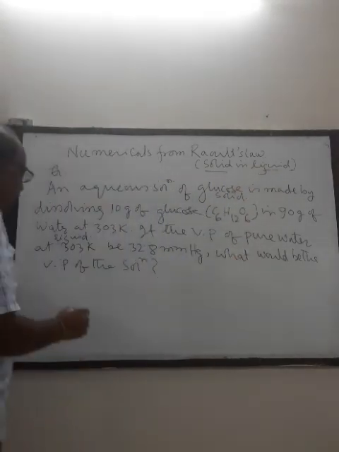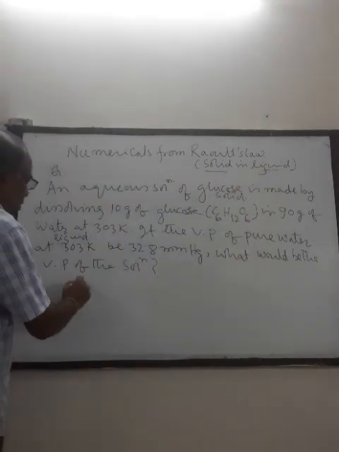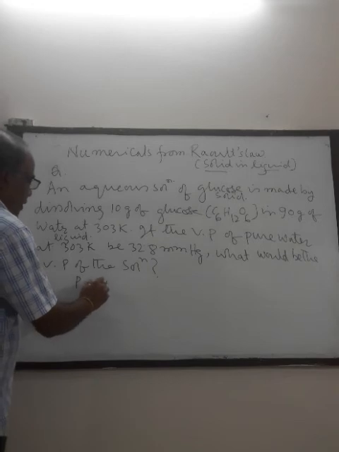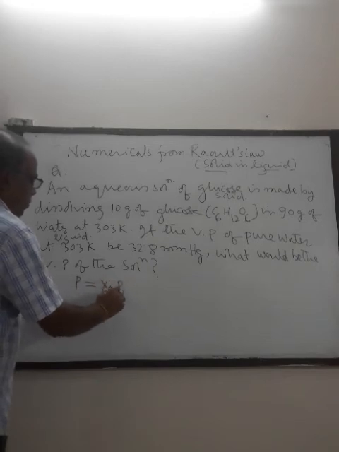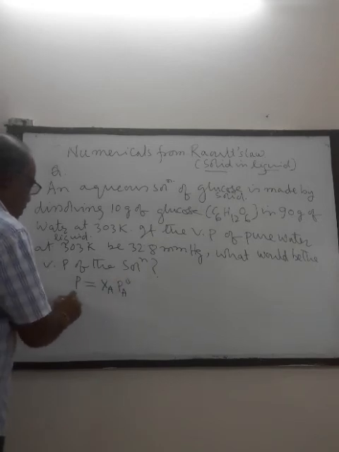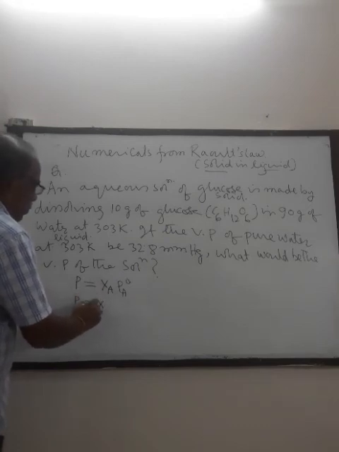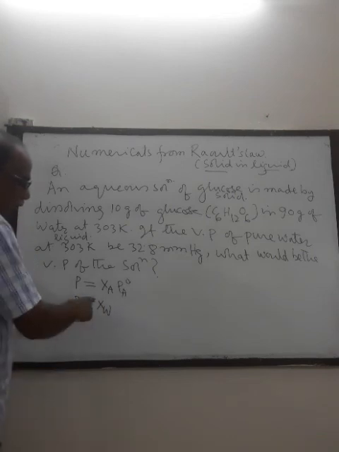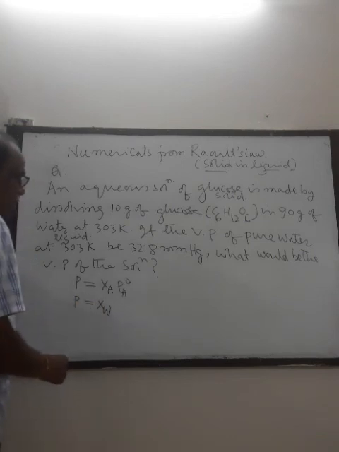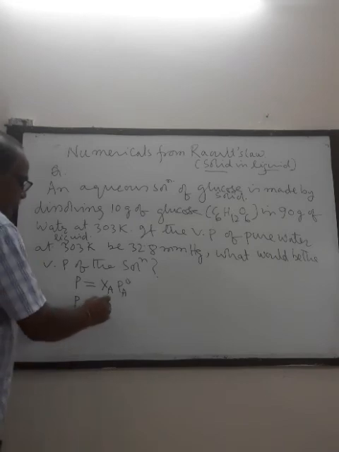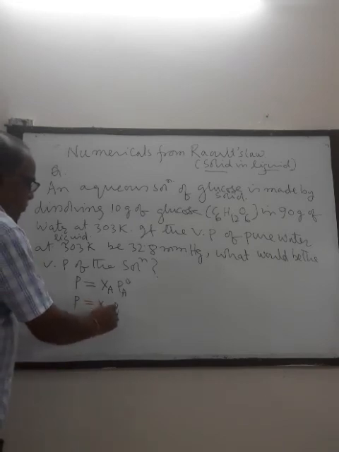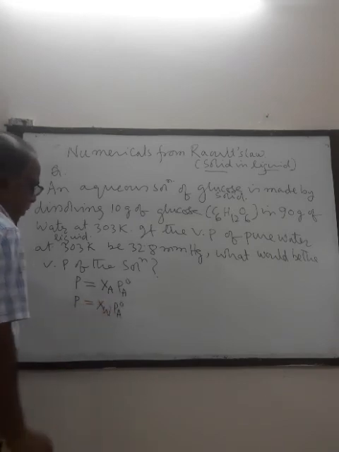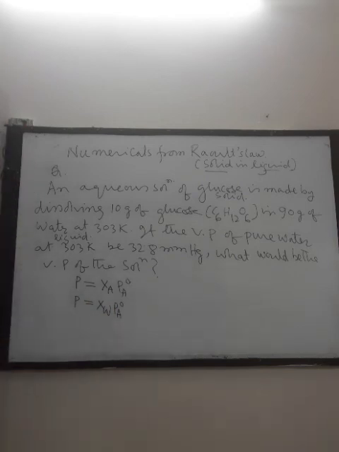So for solid in liquid, our relation is P equal to XA PA naught. So in this case, P equal to XA, the mole fraction of the solvent, which is water, times the vapor pressure of water.